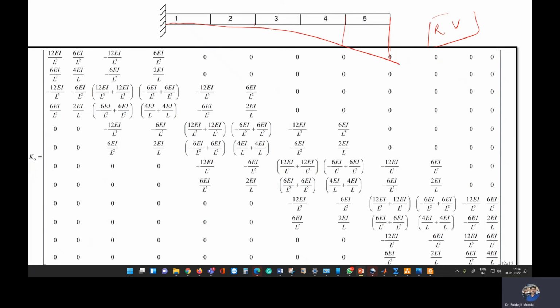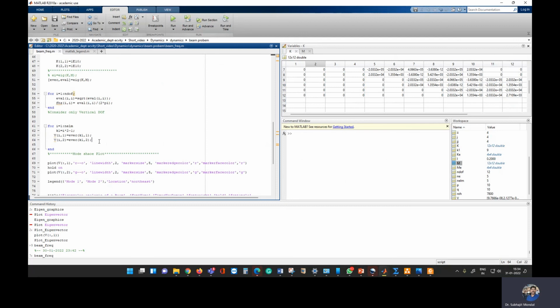The same thing we will do in MATLAB. Here you can see we have taken the vertical degree of freedom, the first degree of freedom of each node, and we'll take it in another vector and plot it.